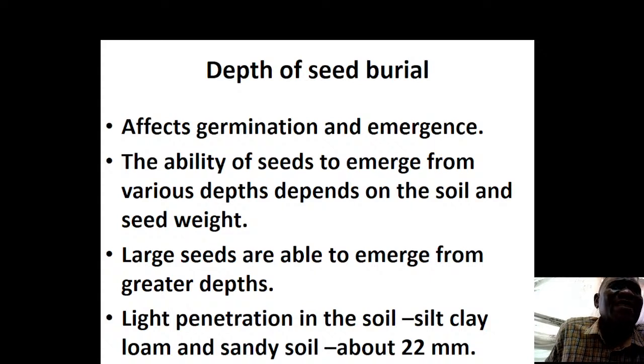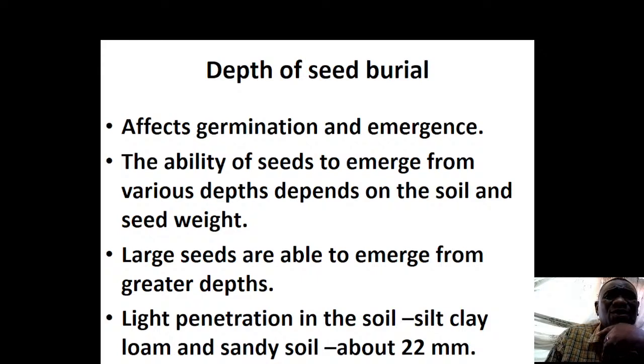Large seeds are able to emerge from greater depths, but we must also know that light penetration in the soil is affected by the silt, clay loam, and sandy loam soil, and maybe light can penetrate up to 22 millimeters.